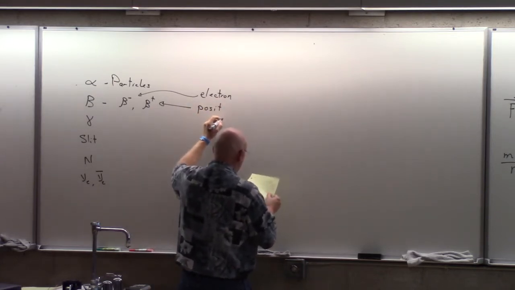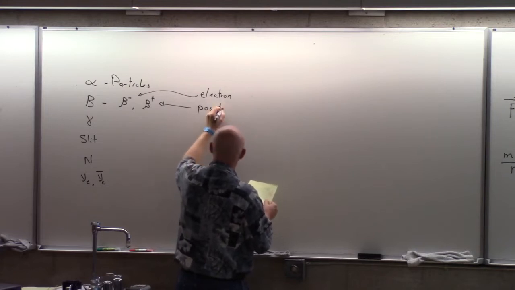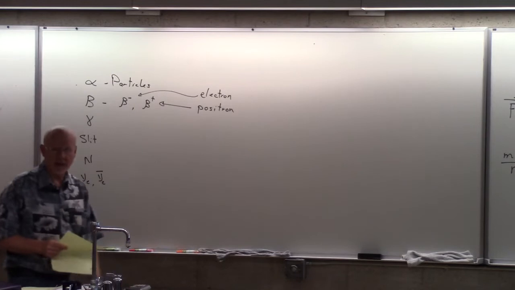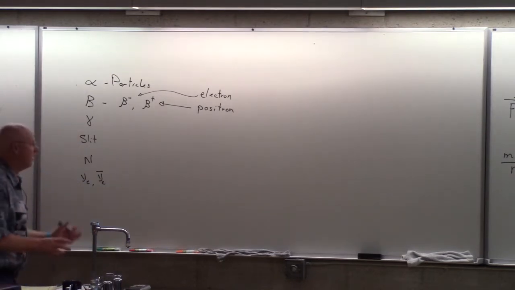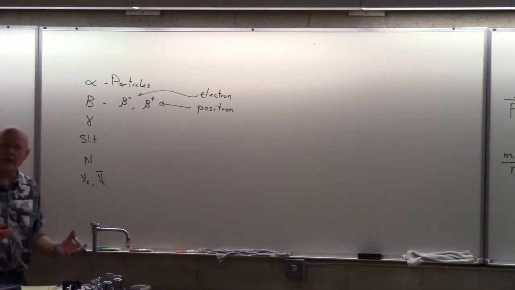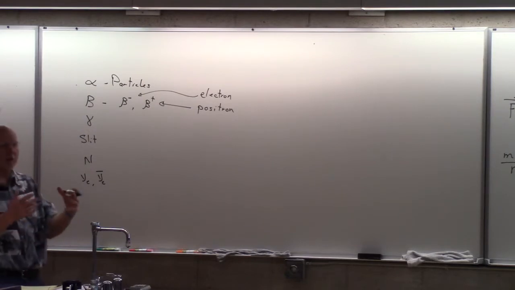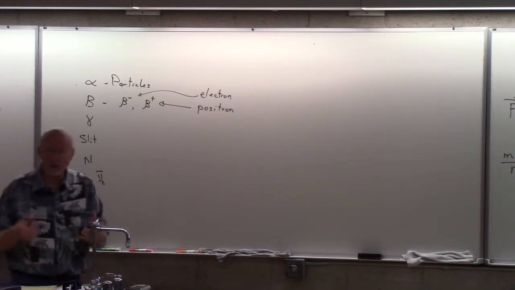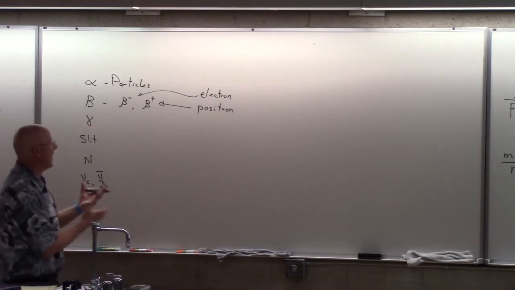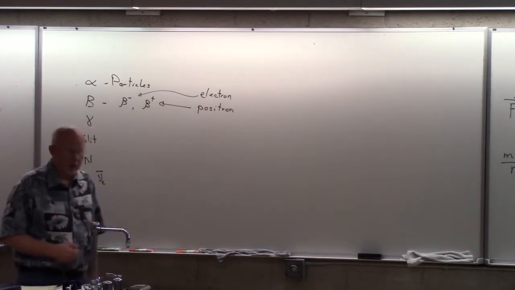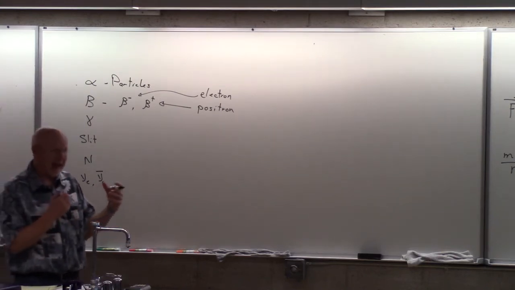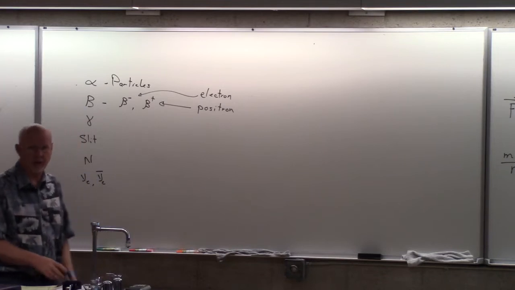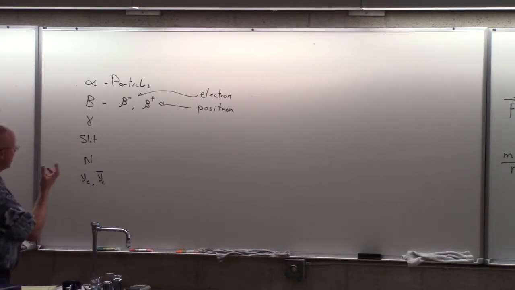It's almost identical to the electron, hence the name the positron, because it has the same mass, the same size, has all these wonderful properties, but is opposite in 2 ways. One of those ways is it has the opposite charge. The other way is it is antimatter, and more on that later too. But these are our beta emissions.